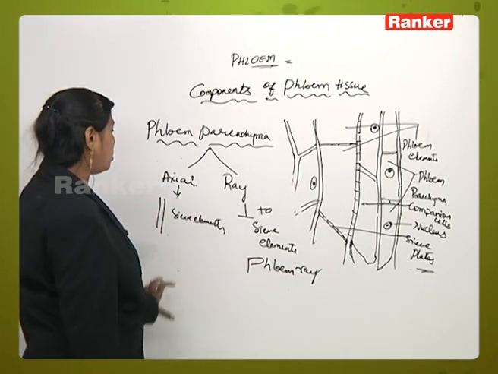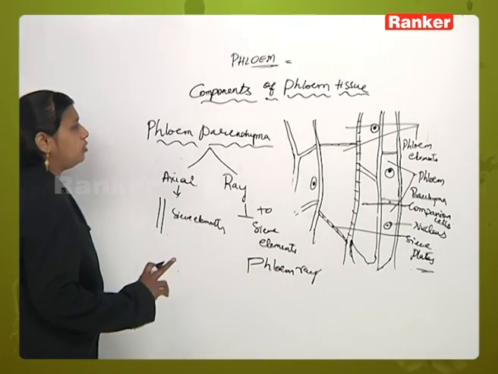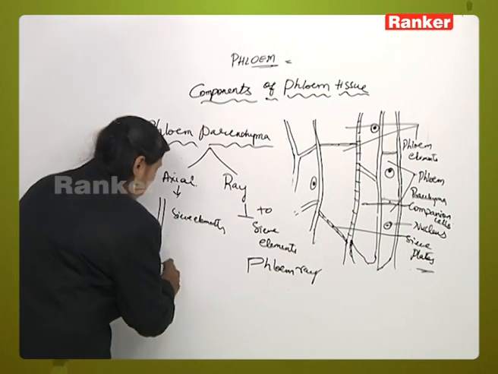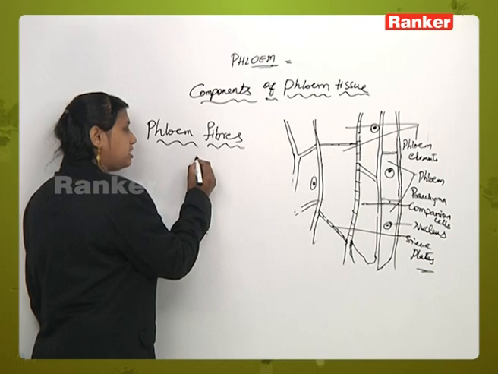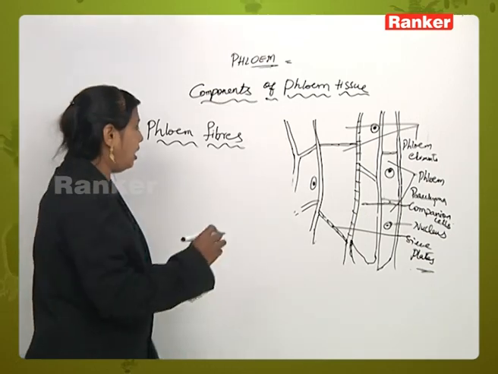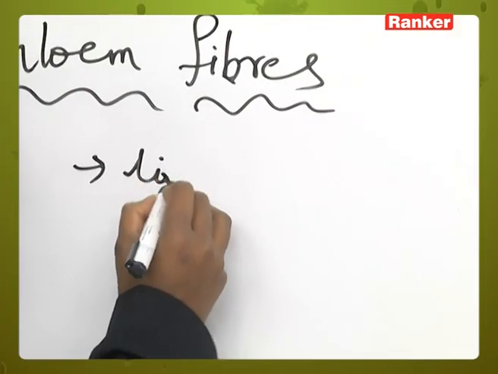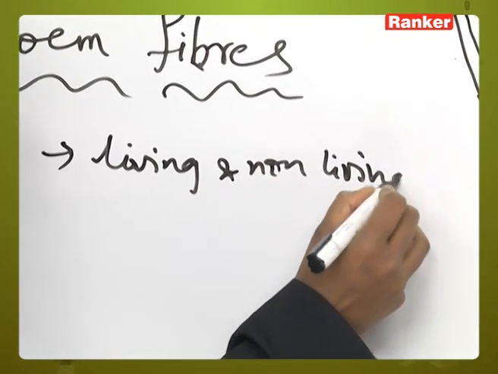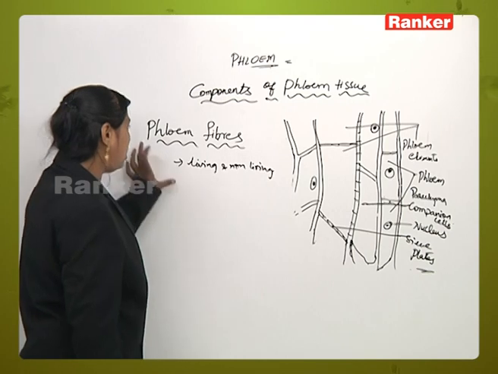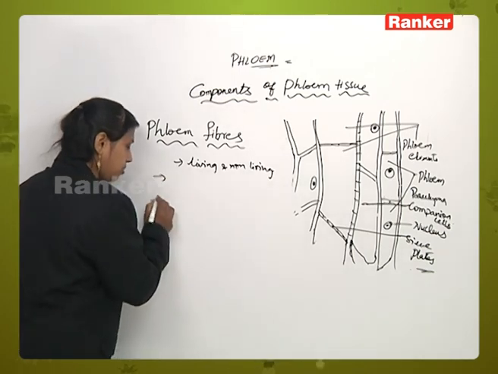Next, the last one, we have one more component of the phloem tissue, that is called phloem fibers. In many flowering plants, the fibers are important both in the living form as well as in the non-living form. Now, these points will come for your entrance.